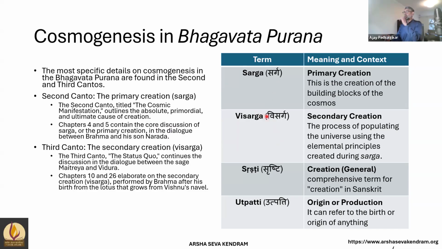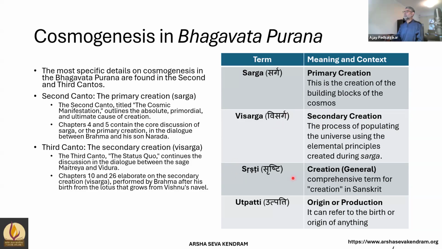In this particular text, Sarga is the primary creation, the creation of the building blocks of the cosmos. The Visarga is a secondary process of creation, which is the process of populating the universe with life.